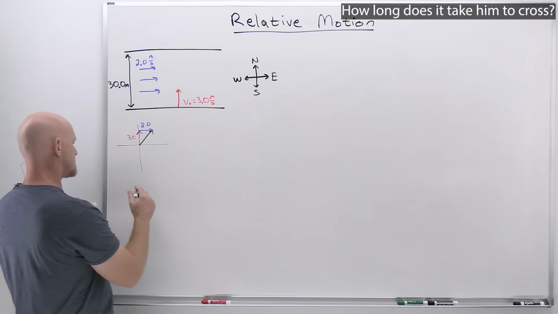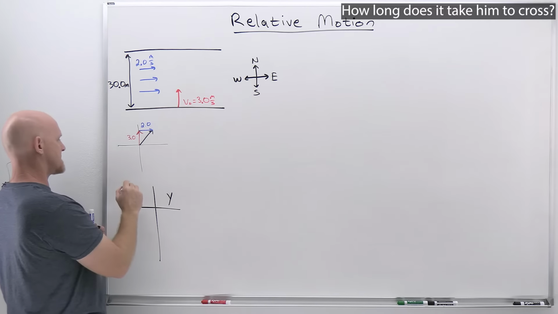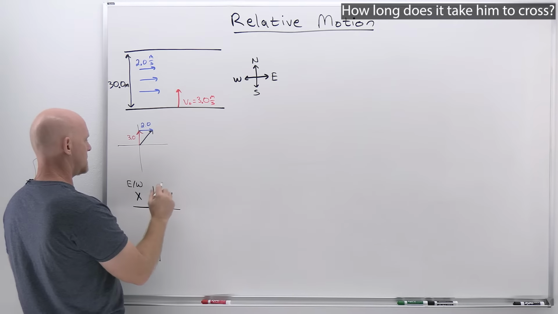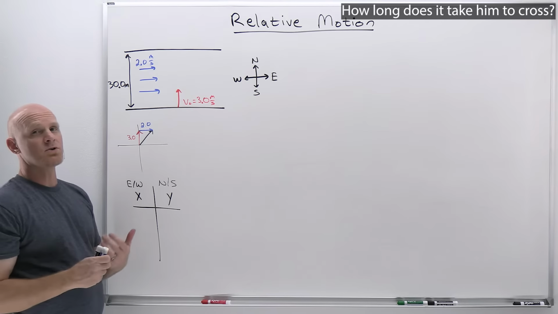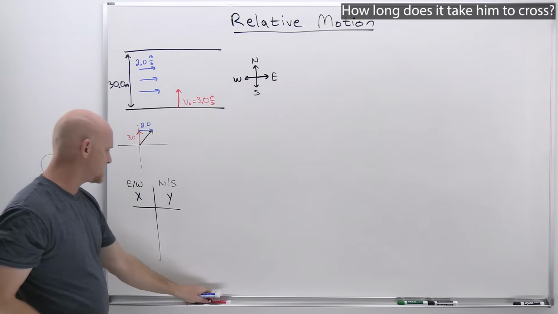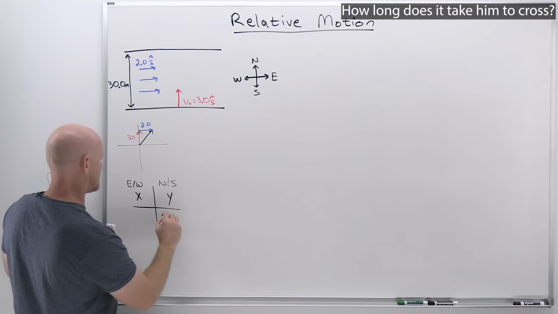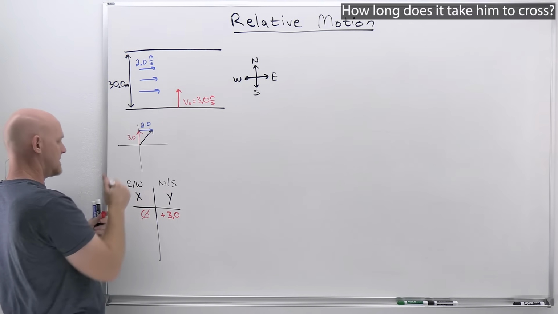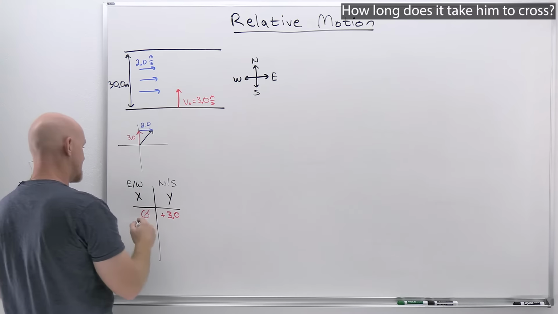Keep in mind x is the east-west direction, and y is the north-south direction. We have 2 reasons for his motion. One is his own swimming, and he's trying to swim due north. Due north is in the positive y direction, so that's positive 3.0 and not in the x direction at all. That's his swimming. But the current from the water is in the positive x direction, the due east direction entirely.